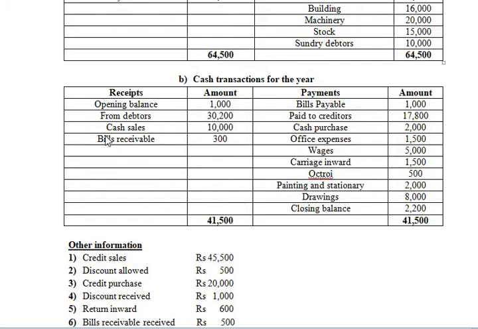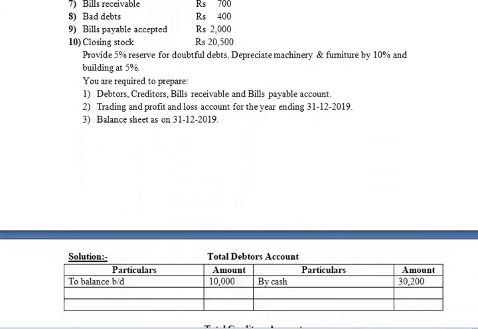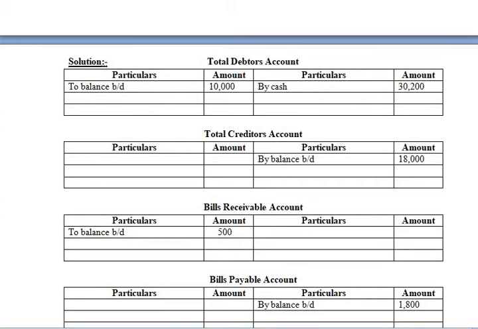The entry will be cash account debit to bills receivable account. So the bills receivable account is going to be credited by cash, same as what we have done for debtors, by cash 30,200, a similar kind of entry. So the amount is 300.